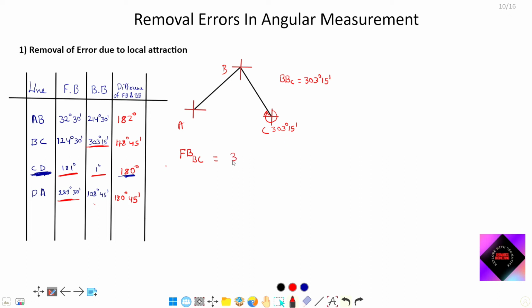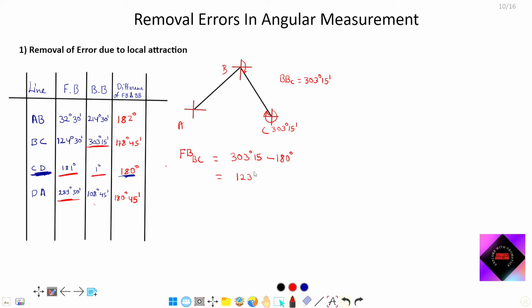Using this reading, I will calculate the fore bearing of BC by subtracting 180 degree from it. If you subtract the value 180 degree, we will get 123. Let me check.